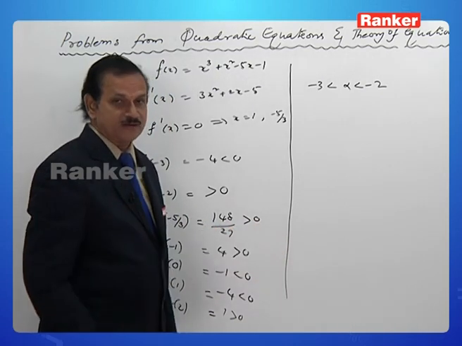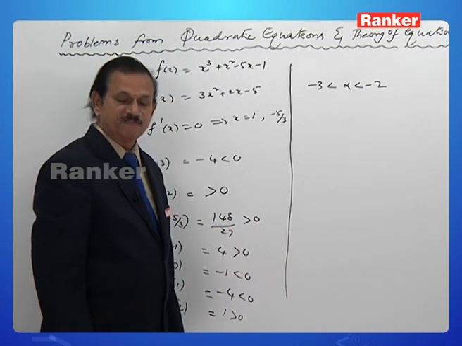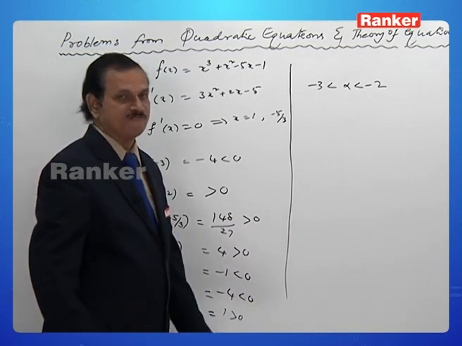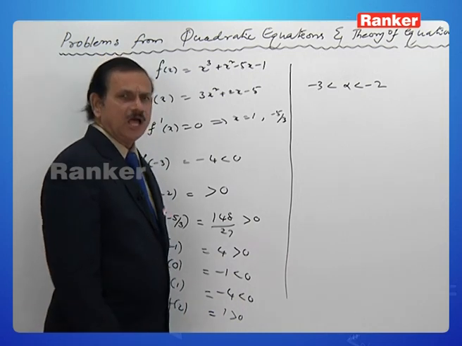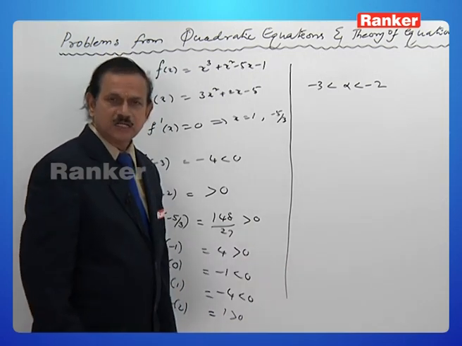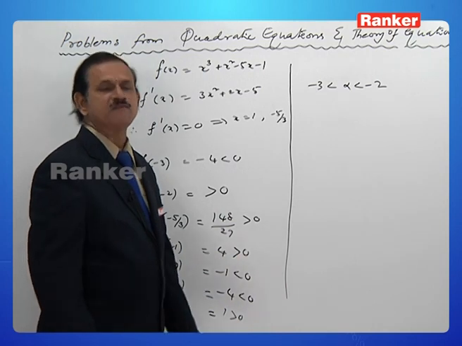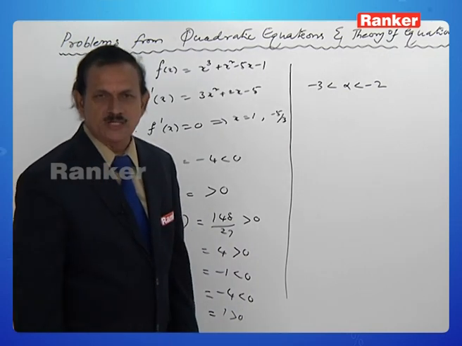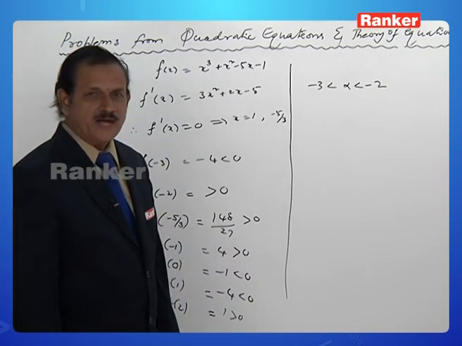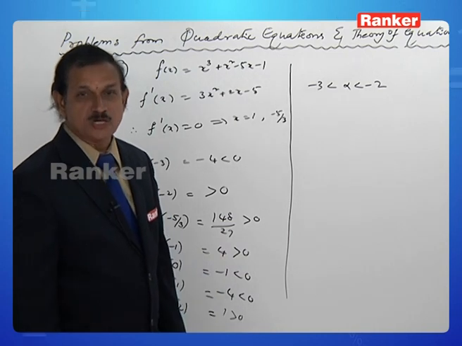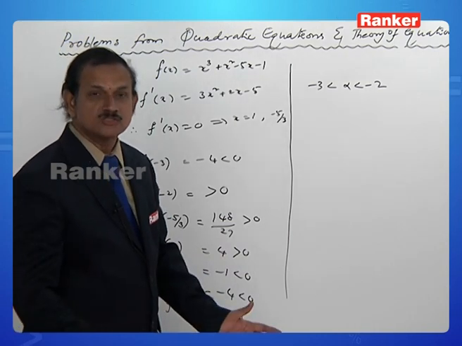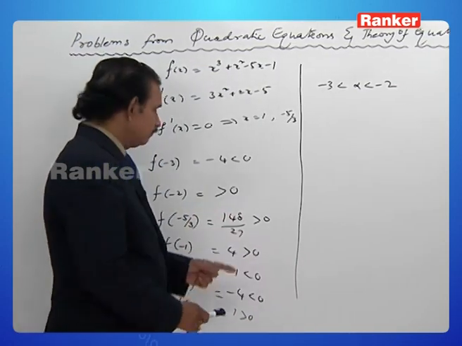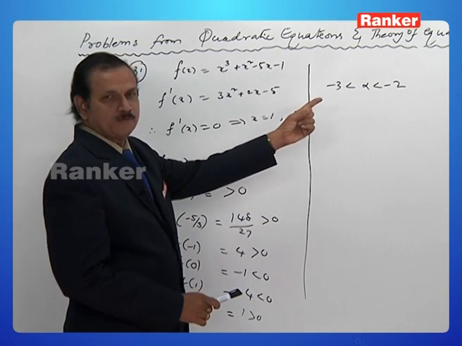In the properties of continuous functions, if f of x is a continuous function in the closed interval a to b, and f of a and f of b are of opposite signs, then the famous mean value theorem says that there is a real number c such that f of c is equal to 0. That is, f of x equal to 0 has a root between a and b. I think many of you know that it is Bolzano's theorem, Bolzano's mean value theorem. According to that, between minus 3 and minus 2, we are able to have a root.